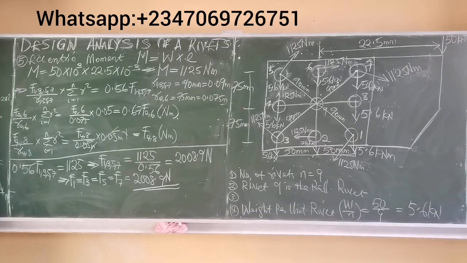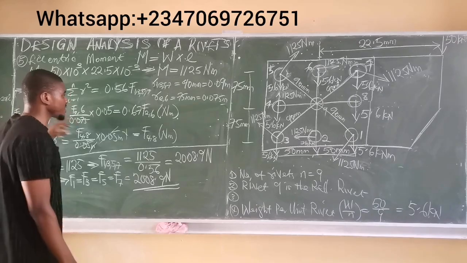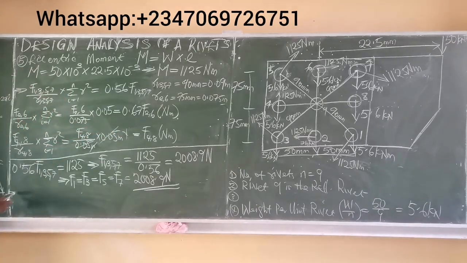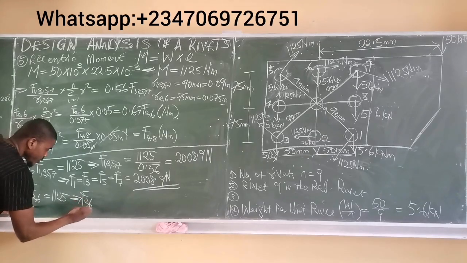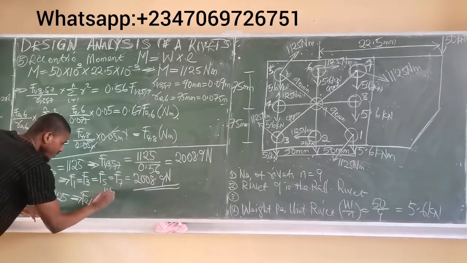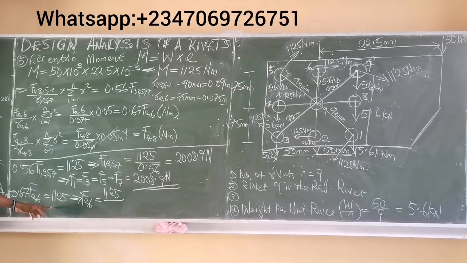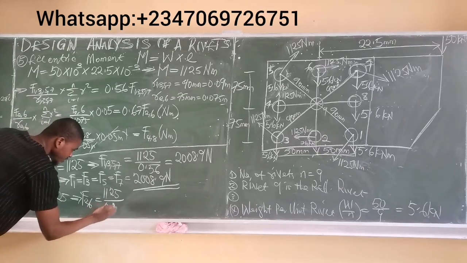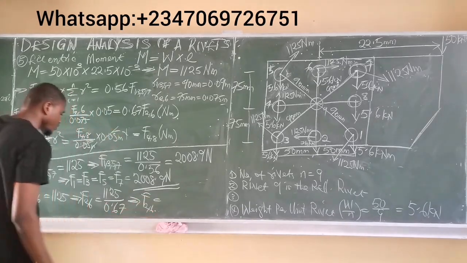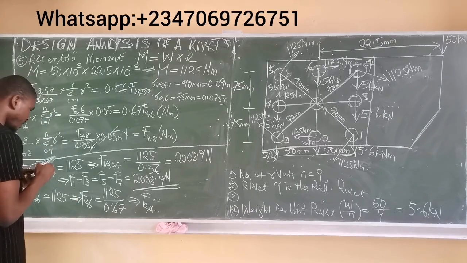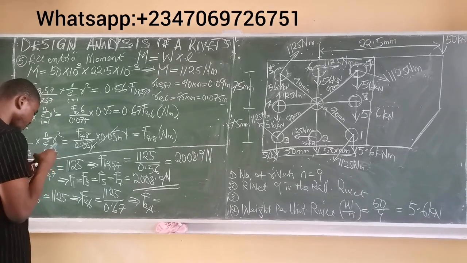Similarly, F26, the moment of rivet 2 and rivet 6, gave us 0.67 F26. Under equilibrium condition, 0.67 F26 is equal to the eccentric moment, which is 1125. Therefore, to make F26 the subject, F26 becomes 1125 divided by the coefficient of F26, which is 0.67. Let's obtain that division, 1125 divided by 0.67.